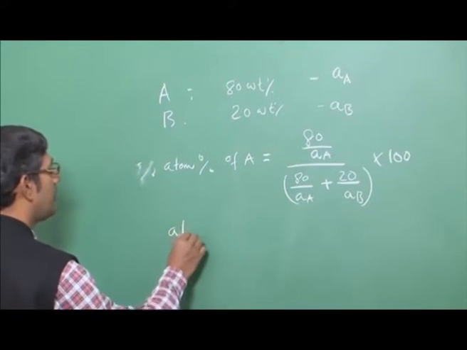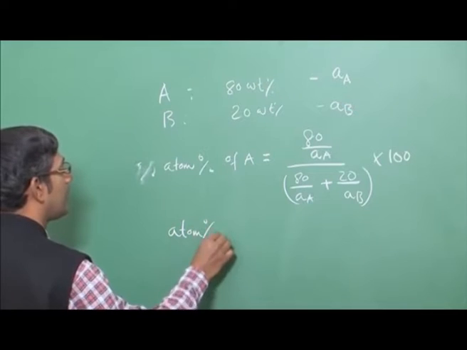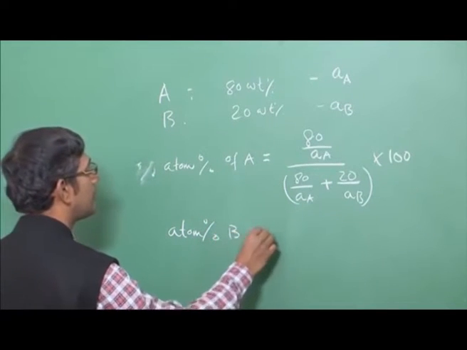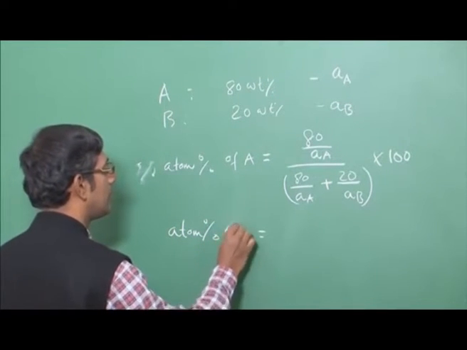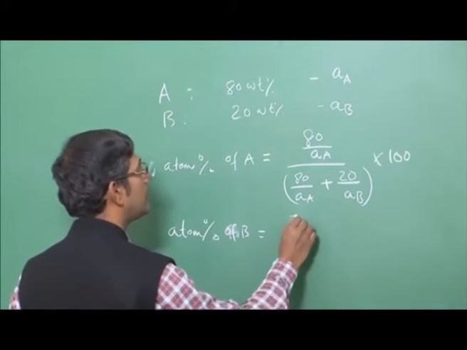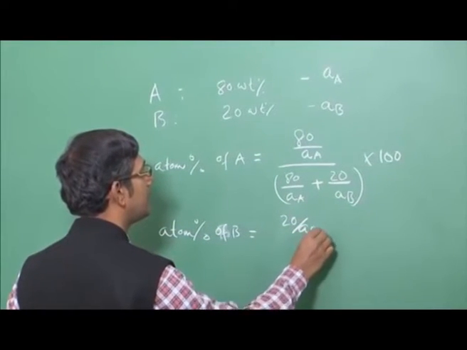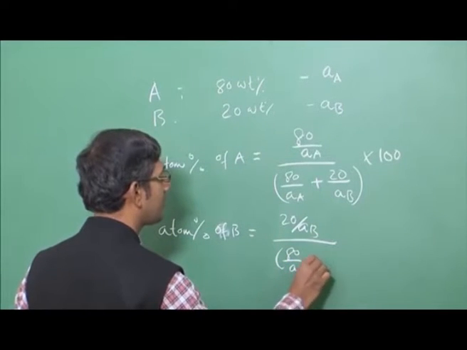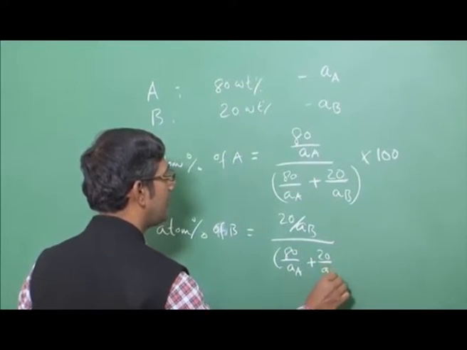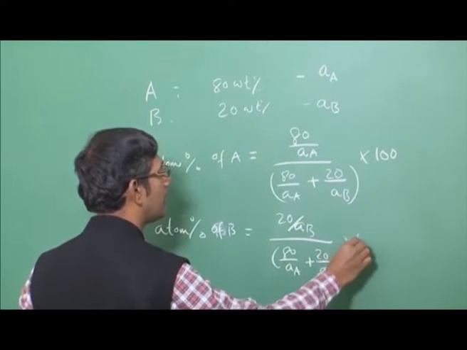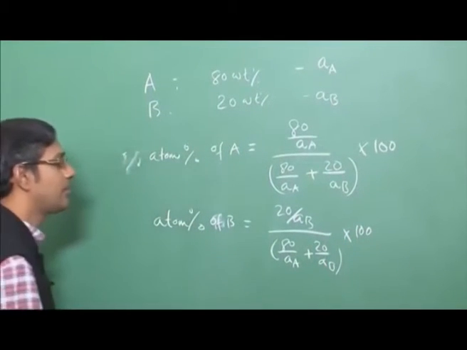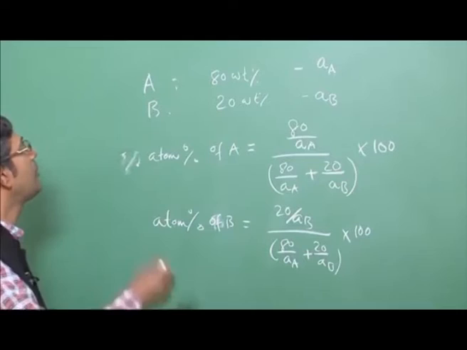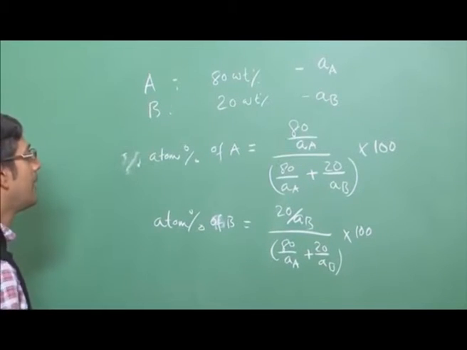Similarly, atom percent of B can be easily obtained: it is equal to 20 by AB divided by 80 by AA plus 20 by AB, into 100. That is how we can convert from weight percent to atom percent.